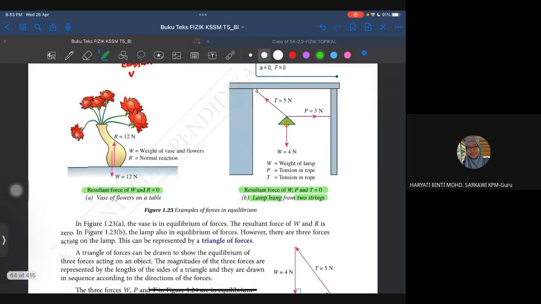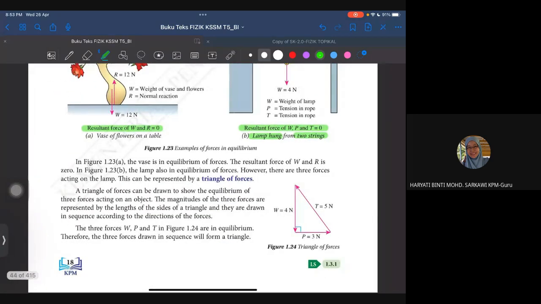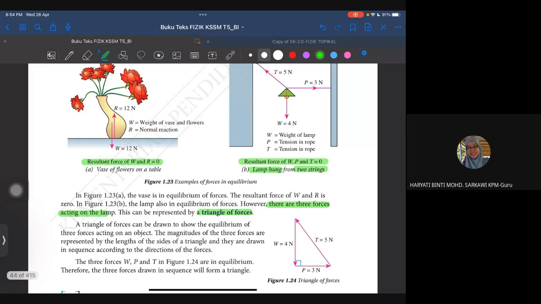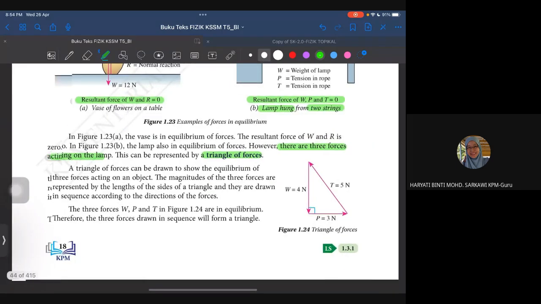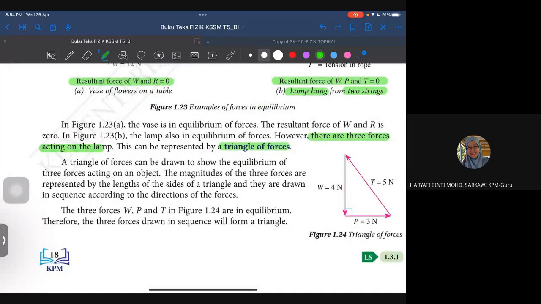Three forces are acting on the lamp, so we can draw a triangle of forces to represent the forces acting on the lamp. How do we draw the triangle of forces? The triangle of forces is drawn to show the equilibrium of the three forces acting on the object.